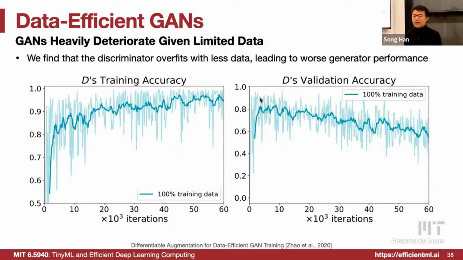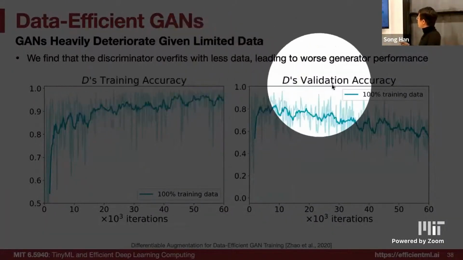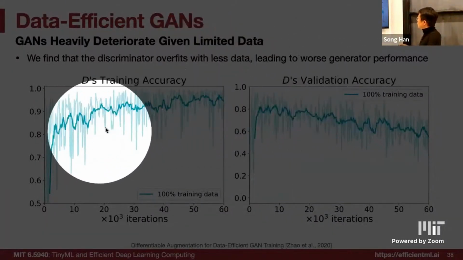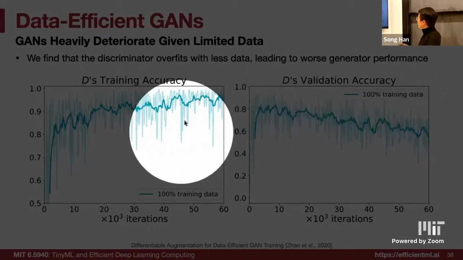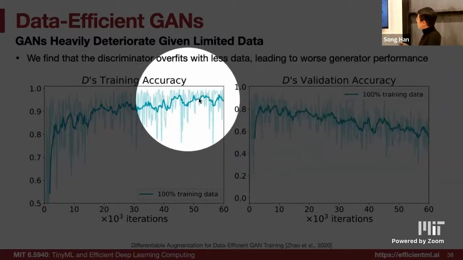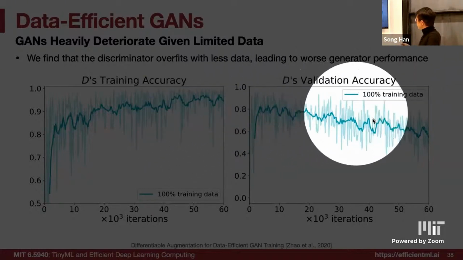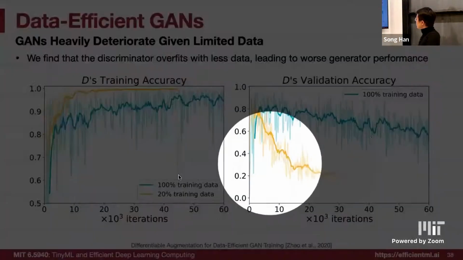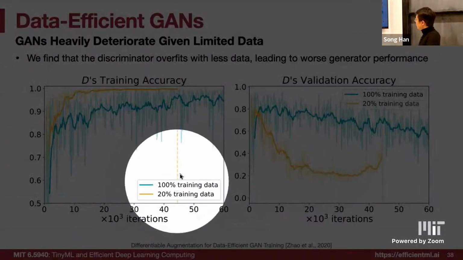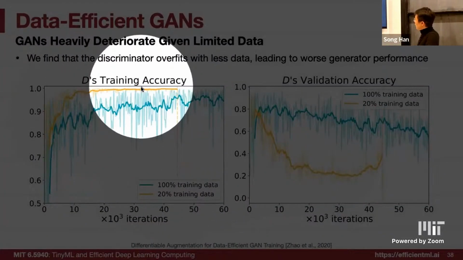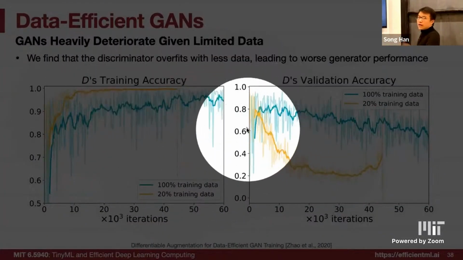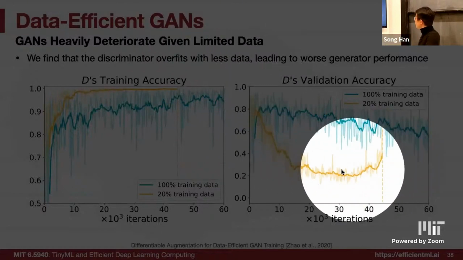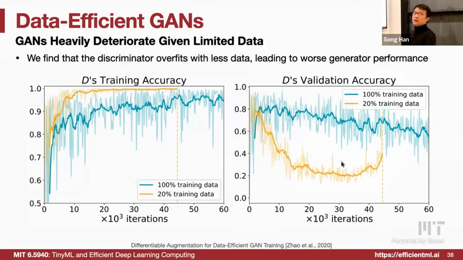And let's see why that happens. This is the discriminator's training accuracy versus the validation accuracy. With 100% training data, the training accuracy is pretty good and the validation accuracy is okay. But if we reduce the training data to only 20%, the training accuracy improved a lot, but the validation accuracy dropped very significantly, showing that it's very hard to generalize.